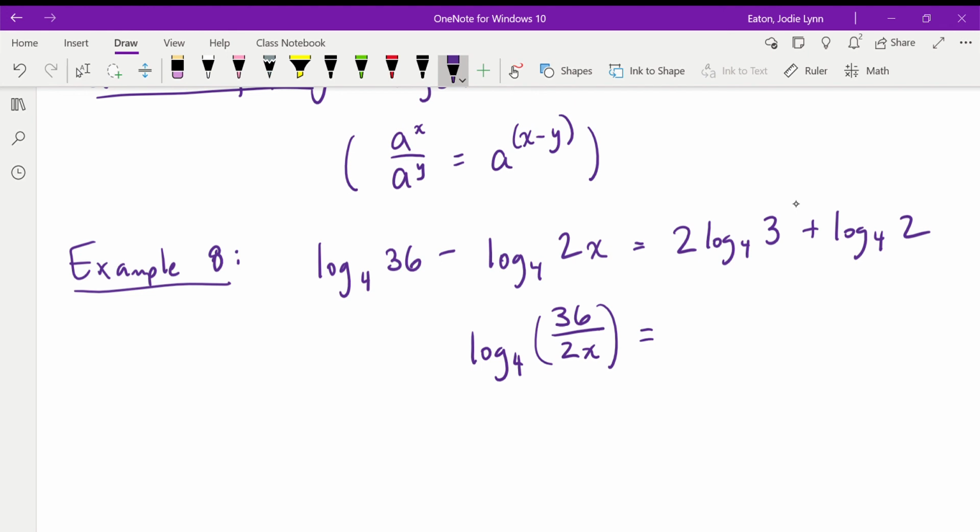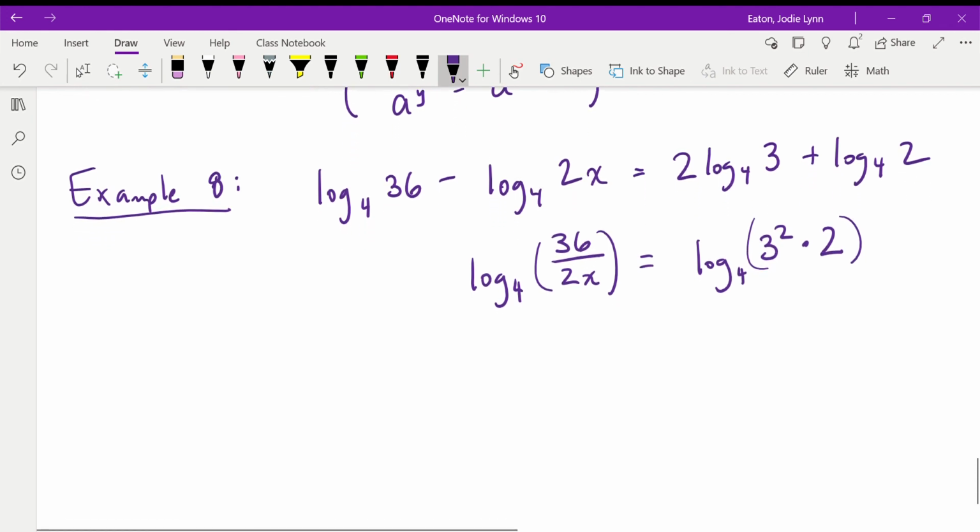Okay, so here, this is log of 3 squared, because we can take this power, this multiplication, and put it up as a power, and then we're adding, so that means we're multiplying. So this is log base 4 of 3 squared, that's from the first piece, times 2. So we're going to simplify that addition to a multiplication.